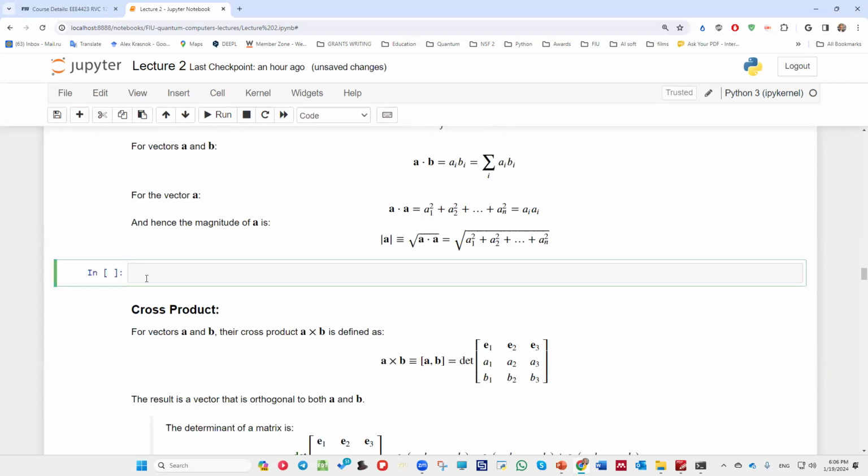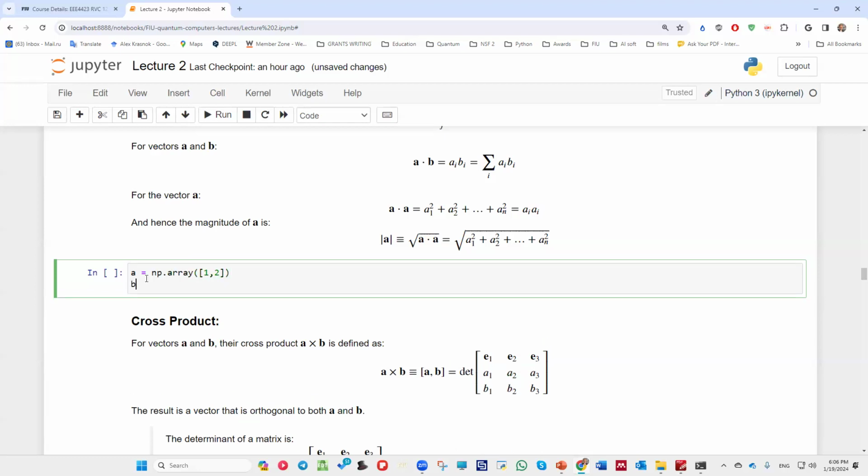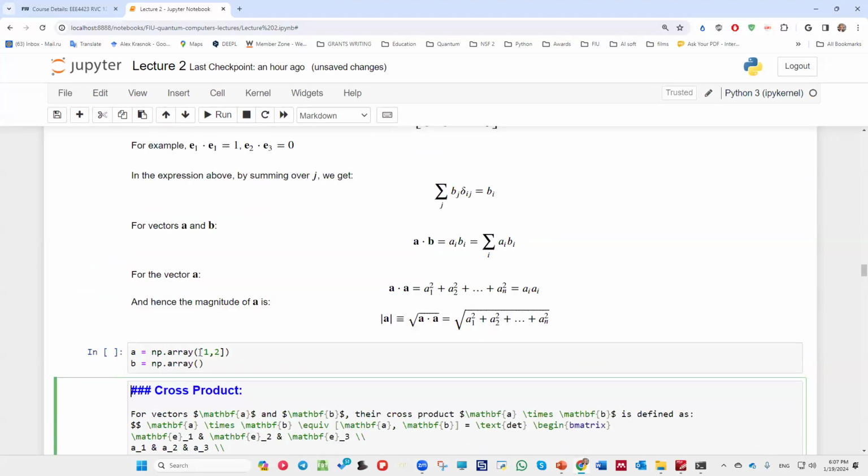If I create a new cell and create one vector, let's say A, to be consistent with what's above, as a numpy array, something simple like 1, 2, and another vector B with components, say 3, 4.